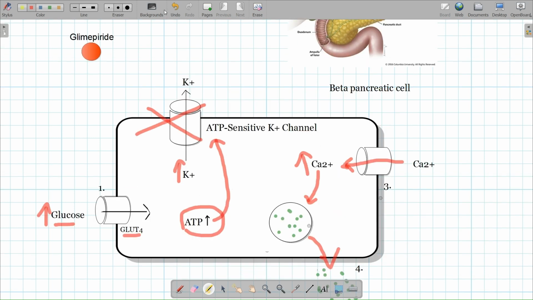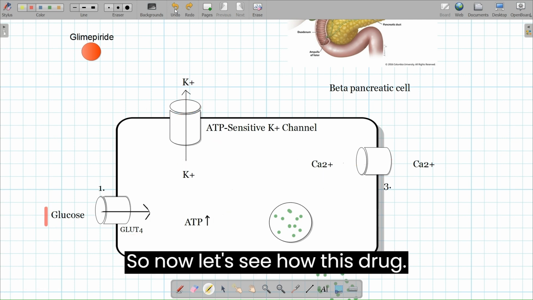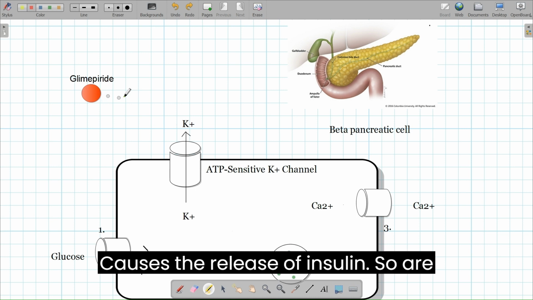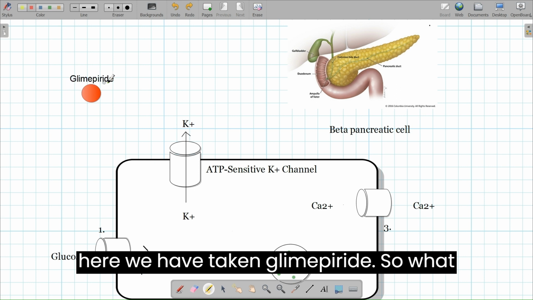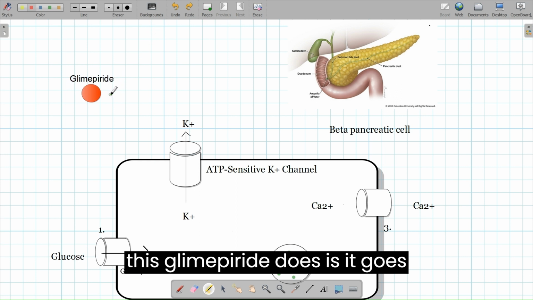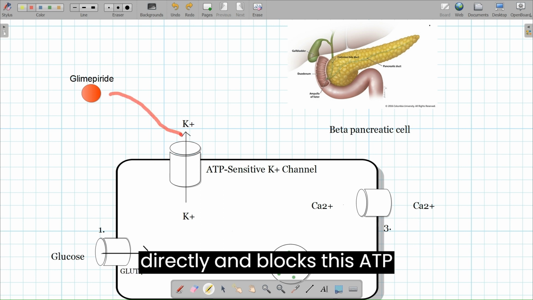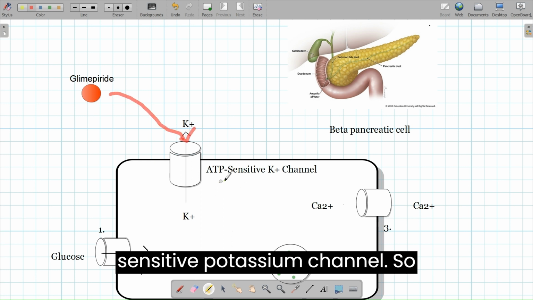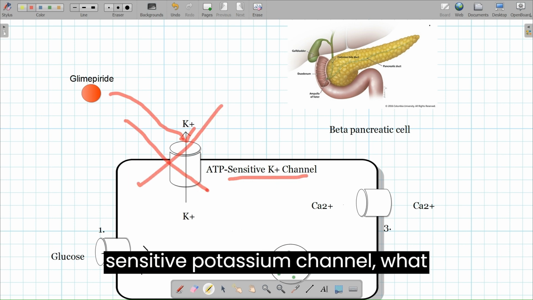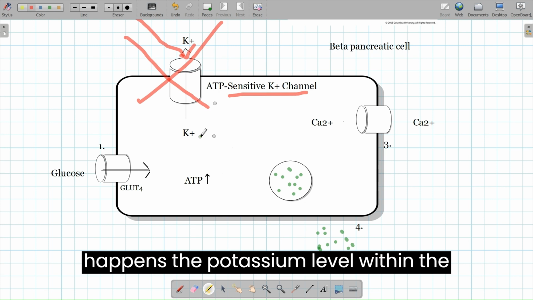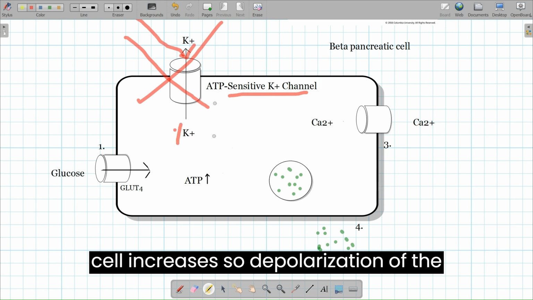Now let's see how this drug causes the release of insulin. Our drugs, sulfonylureas, for example, we have taken glimepiride. What glimepiride does is it goes directly and blocks this ATP sensitive potassium channel. When it blocks this channel, the potassium level within the cell increases, so depolarization of the cell occurs.